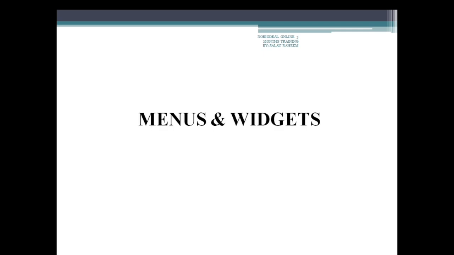When you create a page, it will be there for a long time except if you want to edit it. While a post, we use it for passing information or news or something like that. So let's move on to menus and widgets.